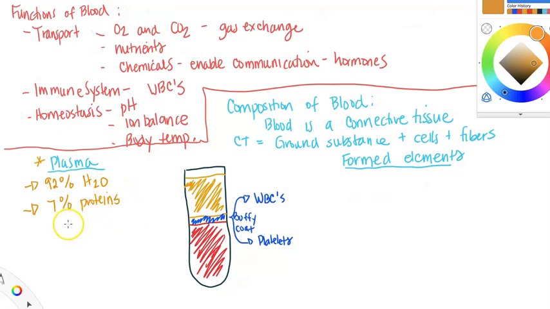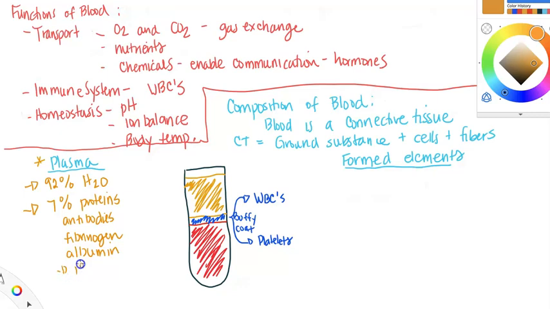And these proteins could be anything from antibodies, those are made out of proteins, fibrinogen, which helps with clotting, and albumin. So albumin is a protein, one of the most common proteins in blood, and it provides a carrier to other substances through the blood.